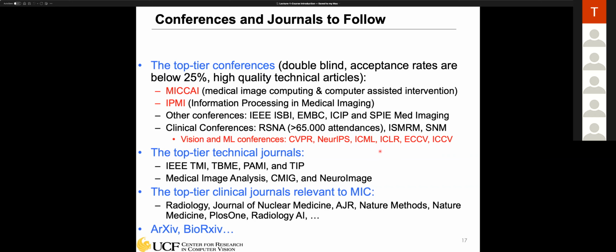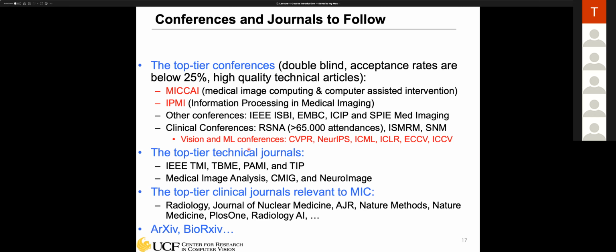Medical images are no exception, because right now a lot of computer vision and machine learning techniques have been applied in medical image processing. On these general CV or machine learning conference venues, you will find people from the medical domain publishing high quality papers. We will discuss a couple of papers in this course that come from CVPR or ICCV. So these are the conferences.